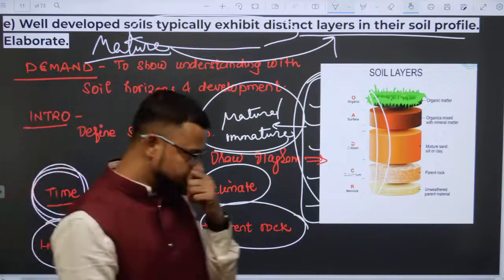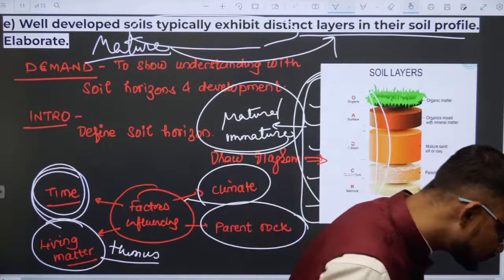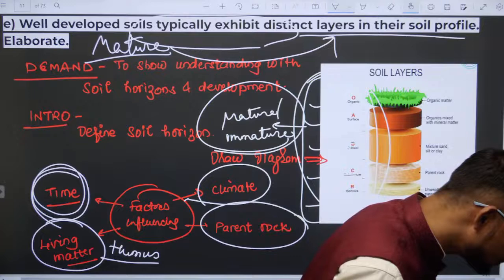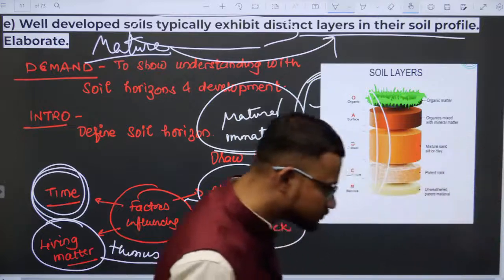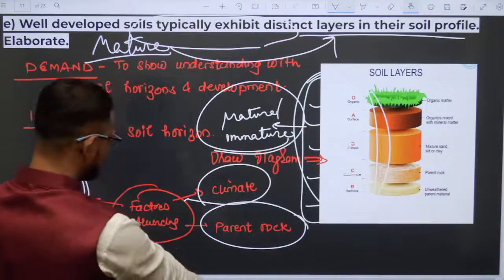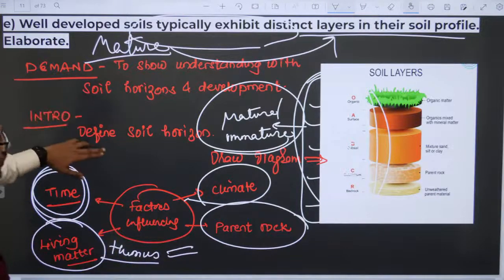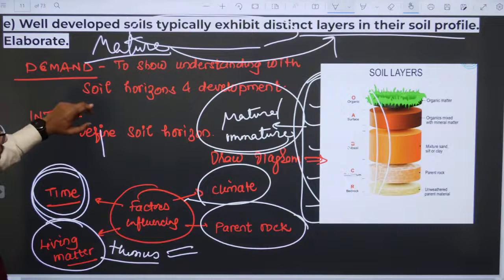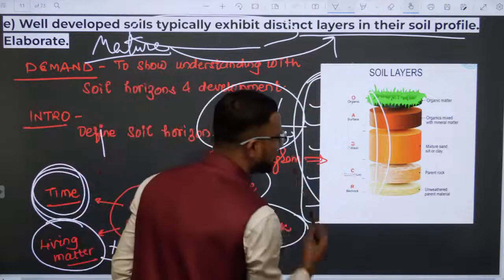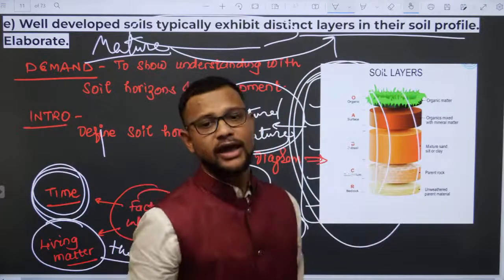Okay, right, so this is what soil development depends on, the layers of soil, the maturity of the soil.